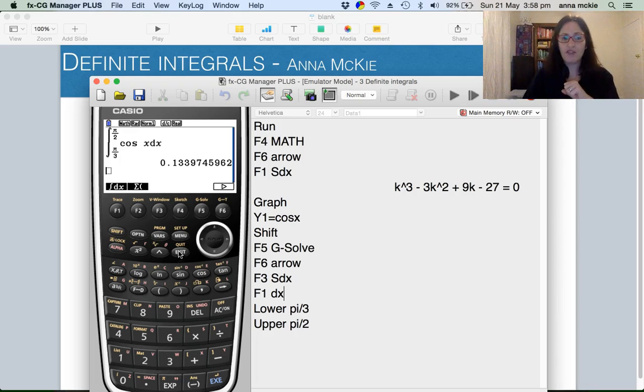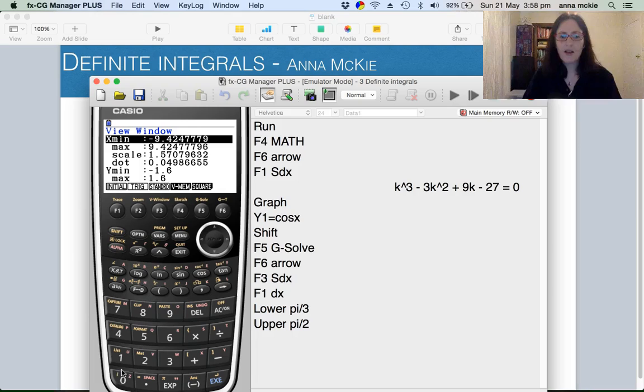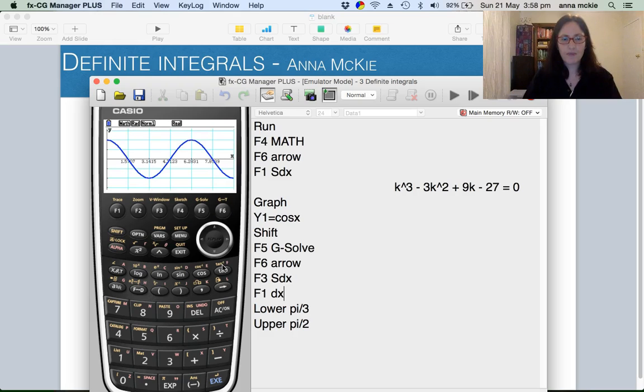I'll show you on graph as well while we're here. Here are the instructions for graph. Okay, so cos of x, making sure we have a trig window, but I'm just going to narrow that down a little bit. Draw that. Okay, so here are the instructions. We're going to G-solve, arrow across, F3 is this integral, now F1 is the integral, and look at the instruction, select lower limit value.